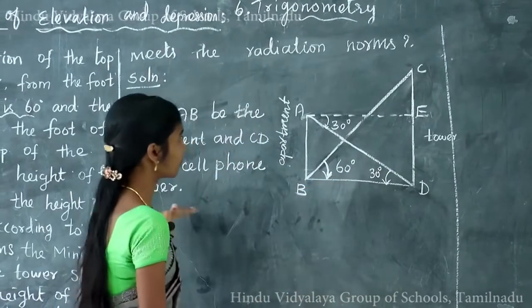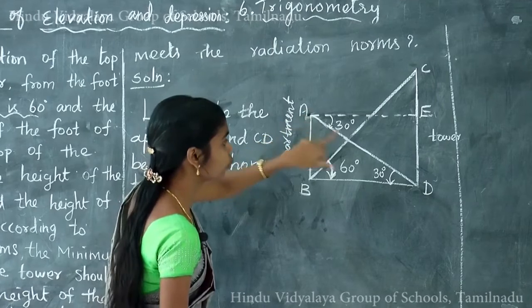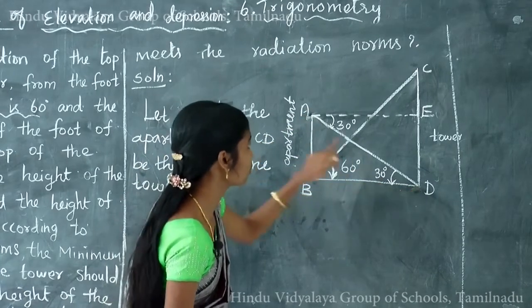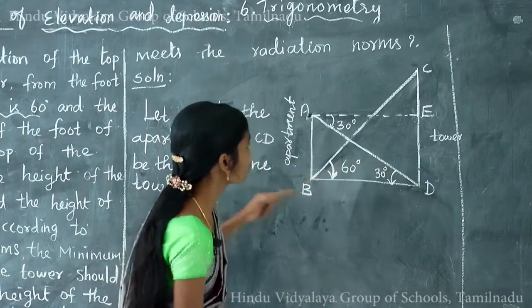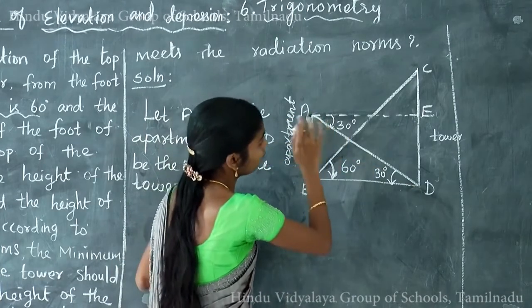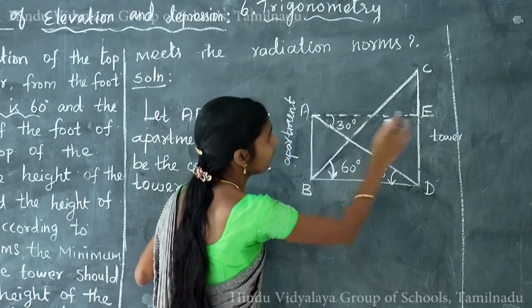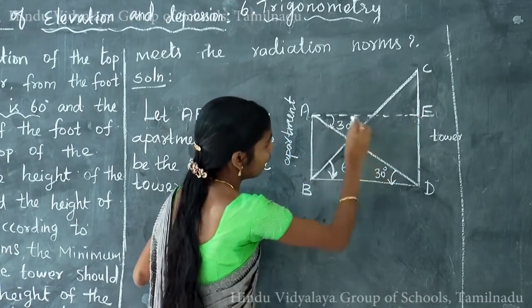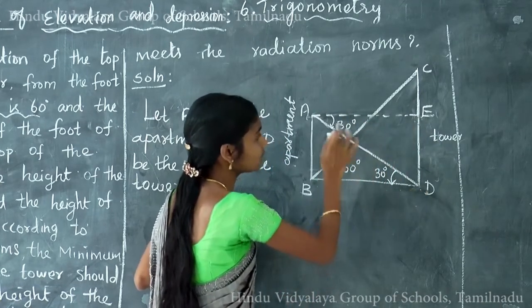Next, the angle of depression from A to the base of the tower. A is the point of observation and he is looking down. From the point of observation we draw a horizontal line AE, which is parallel to BD. So the angle EAD is 30 degree.